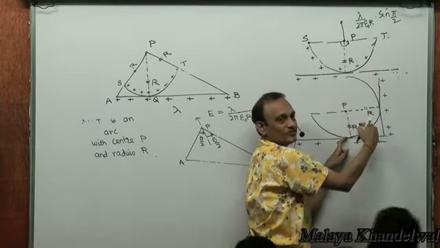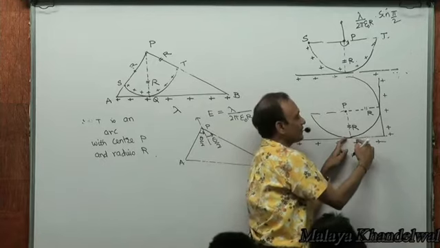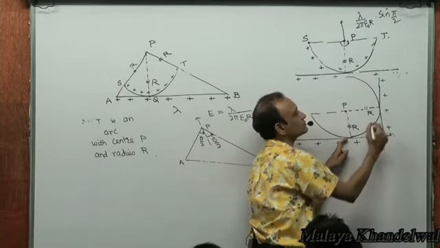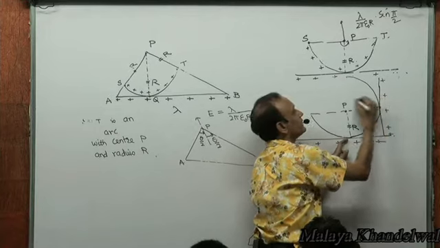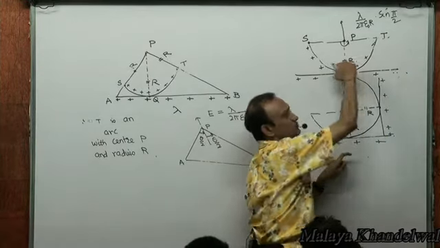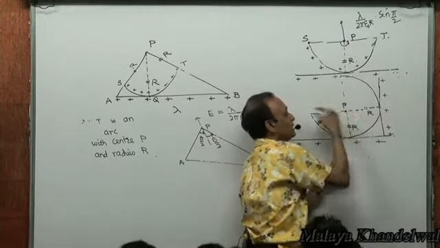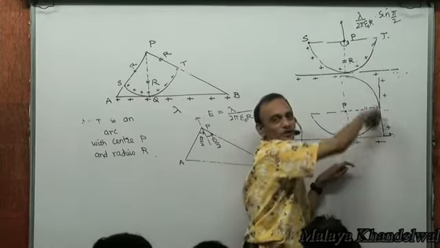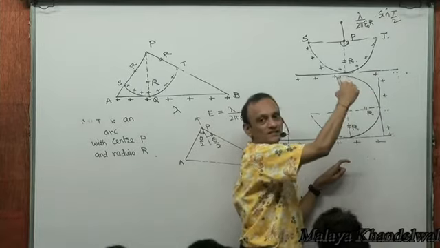So eventually it boils down to this 3/4 of a circle. The field at P would be because of these 3/4 circles.